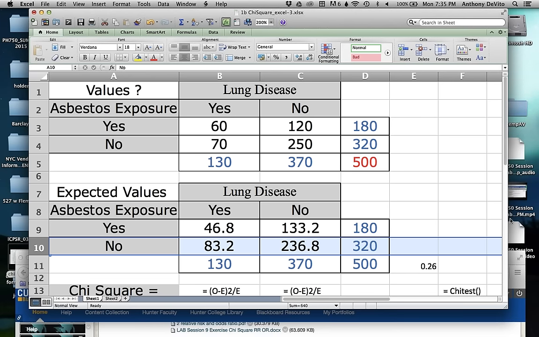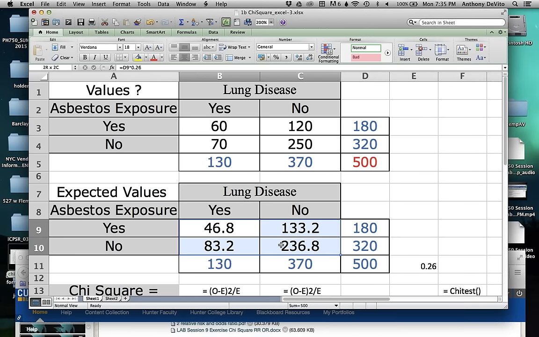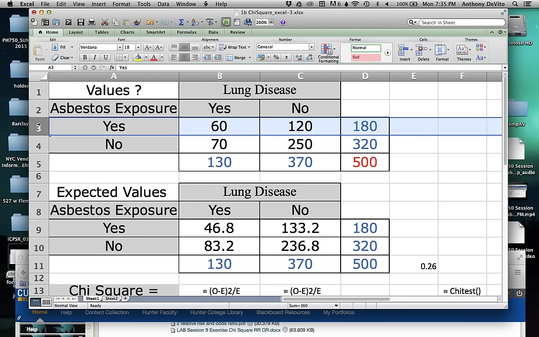You guys okay? If there was no association between lung cancer and asbestos exposure, I would expect my expected values to be very close to what I actually observed, right? And if I got a lot more people exposed to asbestos that got lung cancer than the rate I would expect, I would start to think maybe lung disease is caused by asbestos, right?